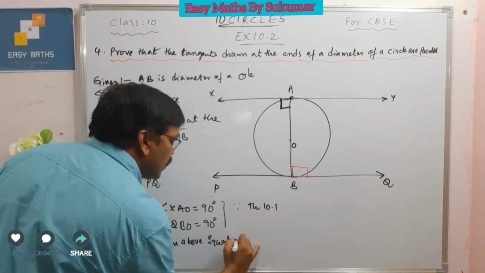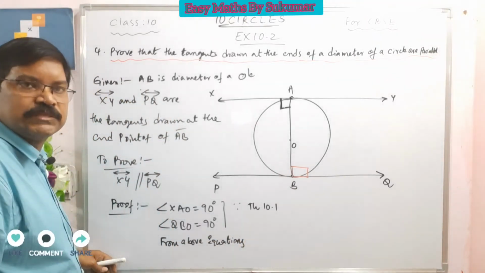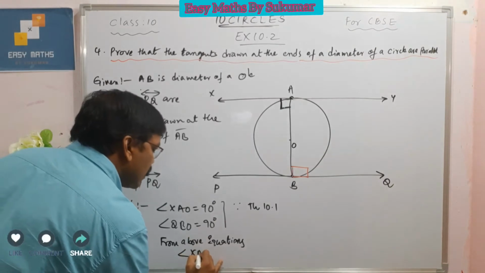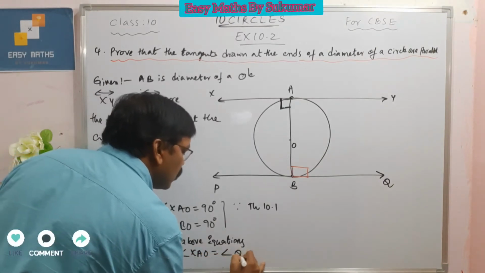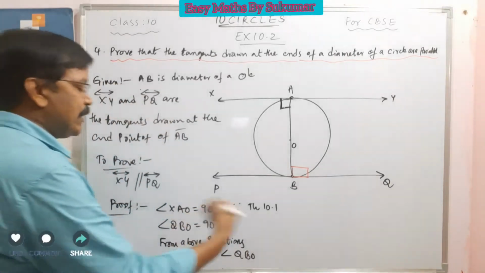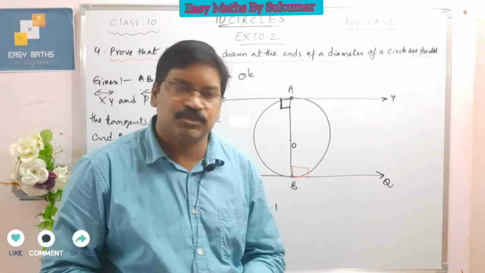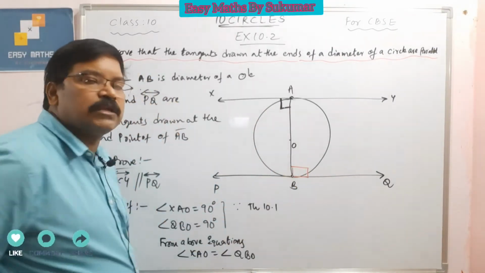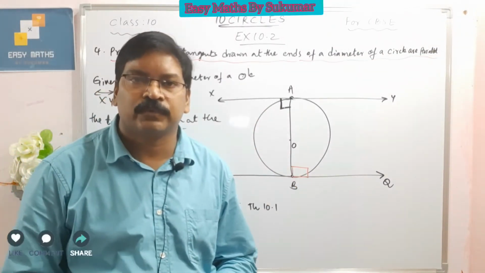So, let them be equation 1 and equation 2. From the above equations, my dear students, angle XAO and angle QBO are equal. Why? Both the right hand sides are equal to 90 degrees. So therefore angle XAO and angle QBO are equal to each other.